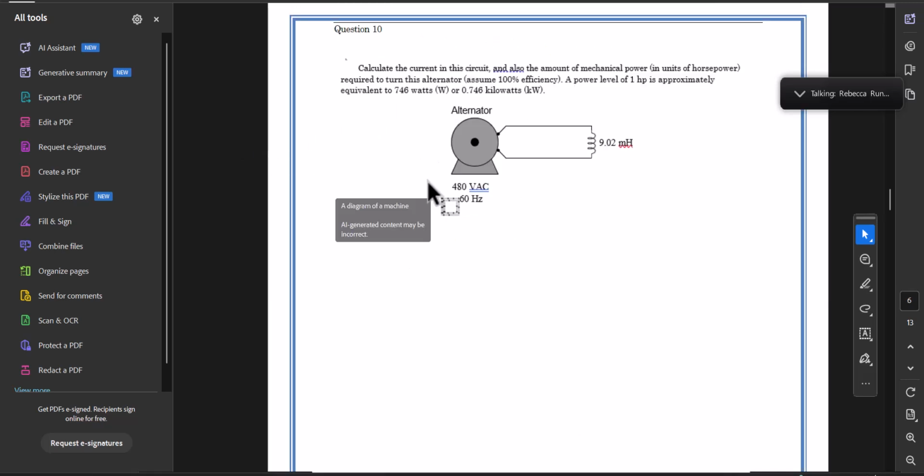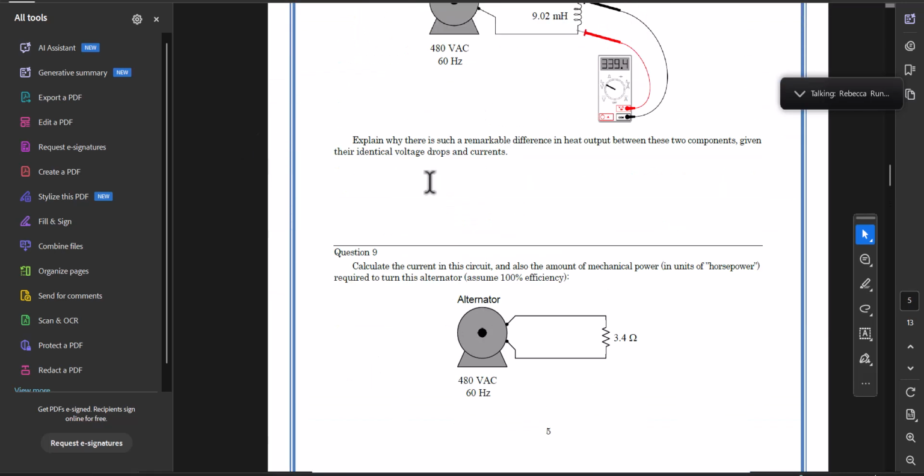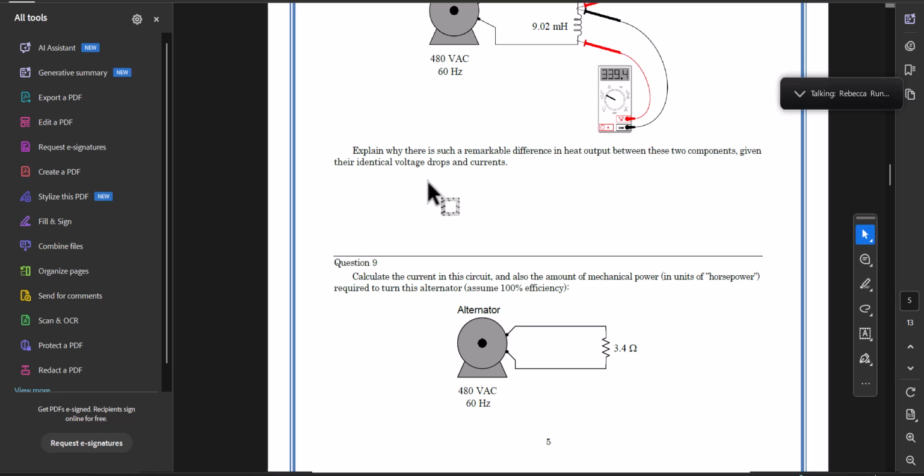All right, so let's go back to, I think we left off at question 9. Calculate the current in this circuit, and also the amount of mechanical power in units of horsepower required to turn this alternator.